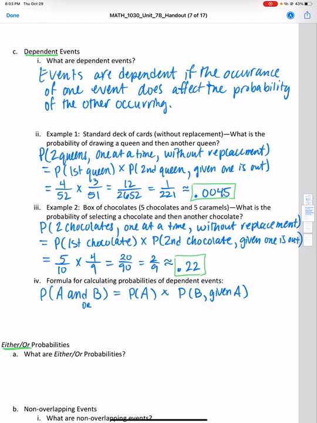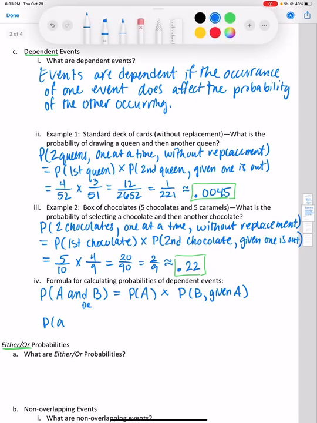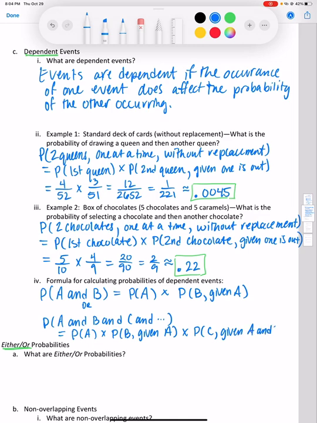And if you want to do multiple events, more than 2, the probability of A and B and C, and however many you want, is equal to the probability of A times the probability of B given A, times the probability of C given A and B, and so on. Okay.